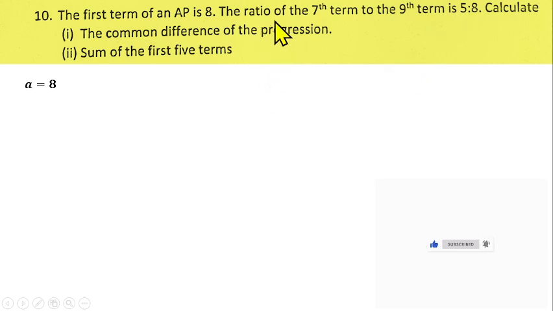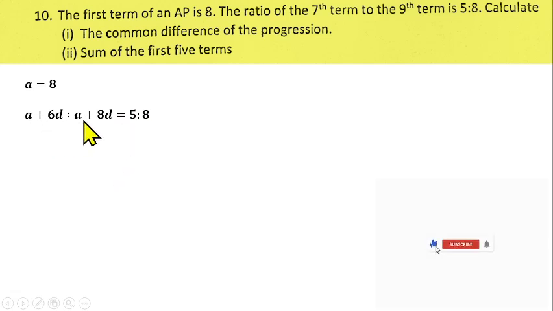So the 7th term, which is a plus 6d, to the 9th term, which is a plus 8d, will be equal to 5 to 8. So you'll have a plus 6d ratio a plus 8d equals 5 to 8. Do we understand this? Good.